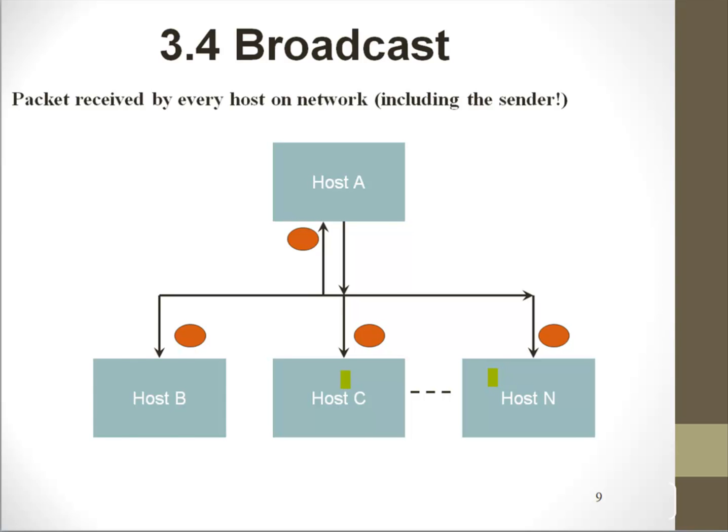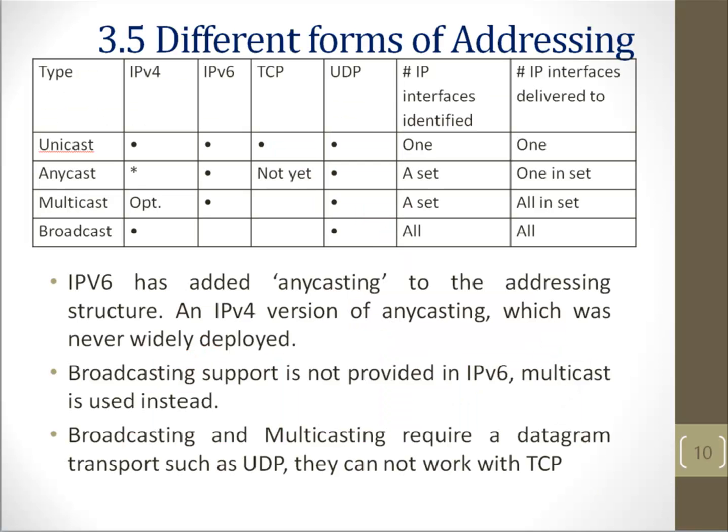Now I am going to the next one. You can see there is a comparison table here. This is what we already studied in the last 3-4 slides: the different forms of addressing. The types we are taking here are unicast, multicast, broadcast. IPv4 supports unicast, but it is not used completely.